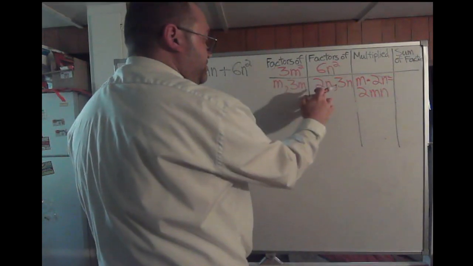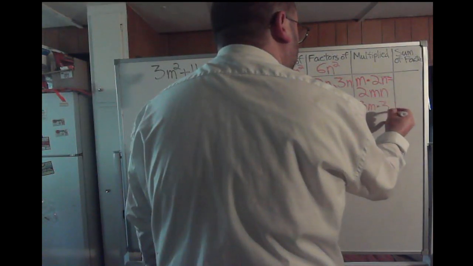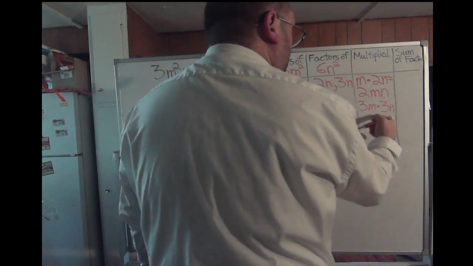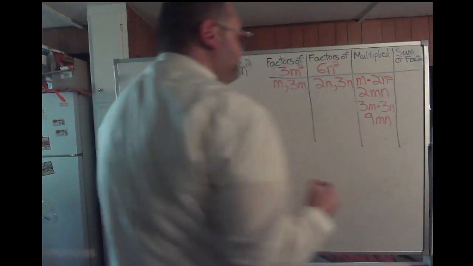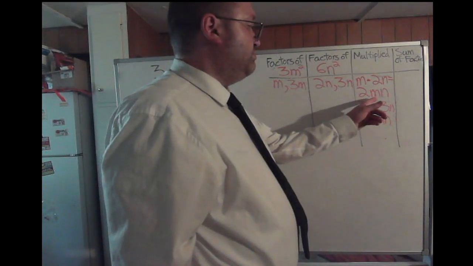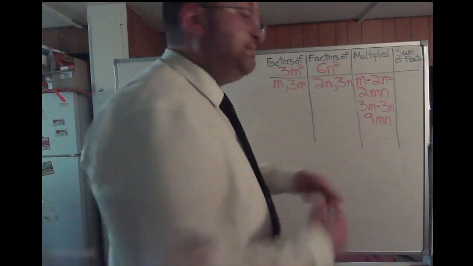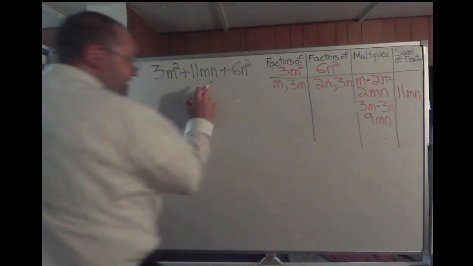We took m times 2n, which only leaves 3m times 3n. You'll take 3m times 3n, which when you multiply them together will give you 9mn. Now if you take the results of the multiplication, 2mn and 9mn, and add them together, you in fact get the middle term of 11mn right here, which is what you're seeking.